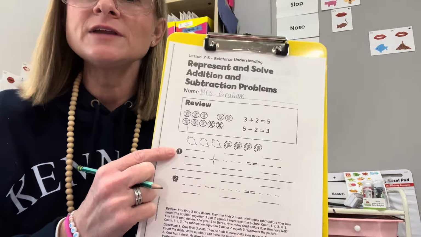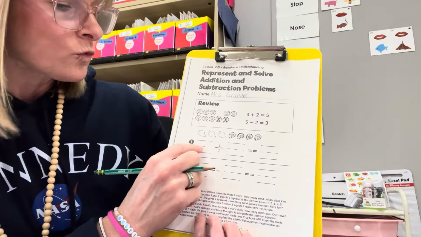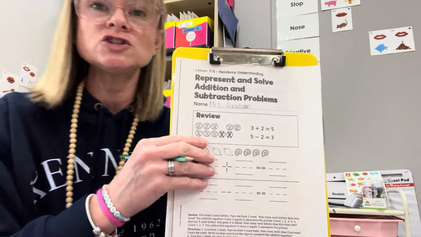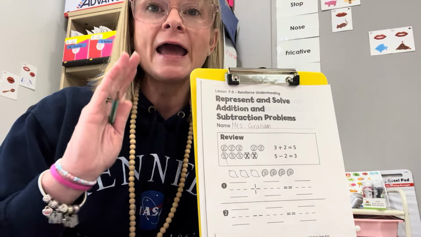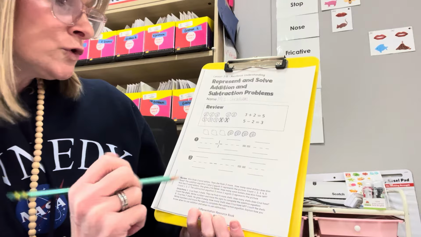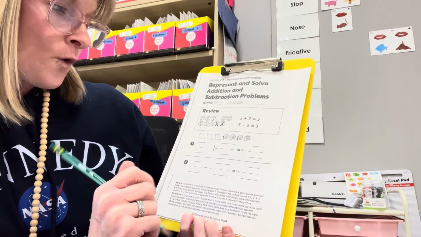All right, so now let's go ahead and we're going to look at this picture, number 1 with the shells. We're going to write the equation to match, and we're going to draw the signs. Remember, the equation has to have the numbers in the right place and the signs. So number 1, Cruz finds 3 shells. Then he finds 4 more.